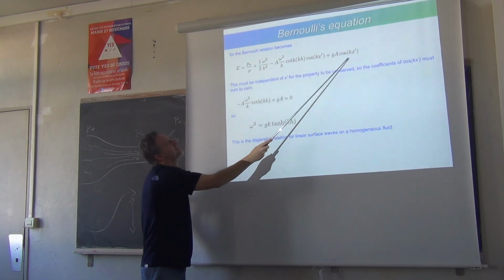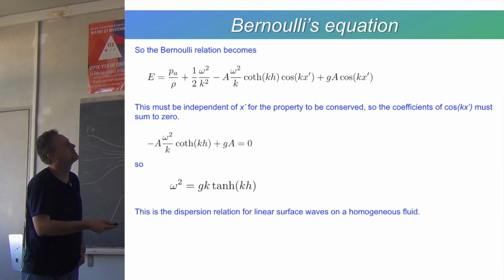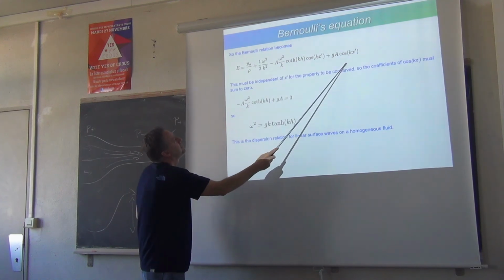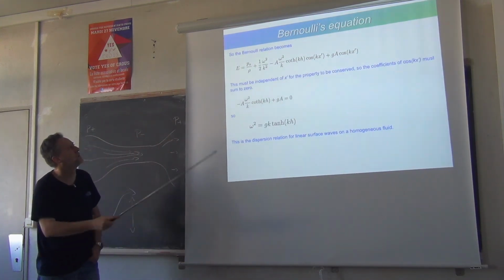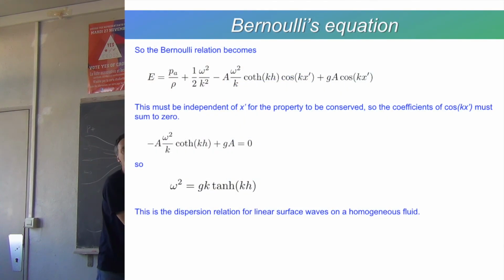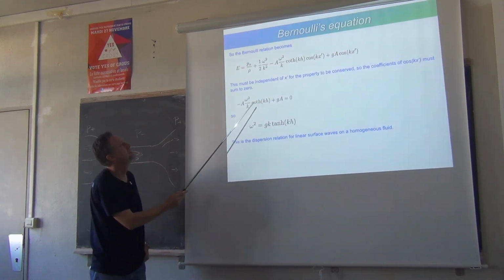But since these are trigonometric functions, the only way for them not to vary is to say that separately this part of the expression must equal 0. Which means that this equals 0. Because these two together must cancel out, this is 0.